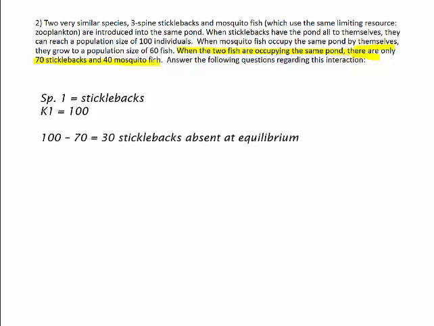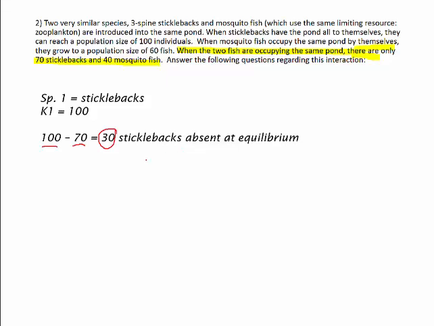We know that the carrying capacity for species 1 is 100. So that's 100 sticklebacks when there's no mosquito fish around. But when the mosquito fish are around, we only get 70 stickleback. Okay? So that means that 30 sticklebacks are absent when the two species are living together.